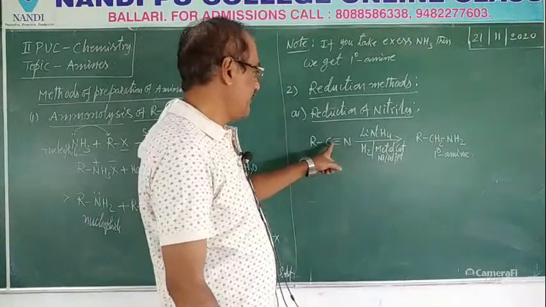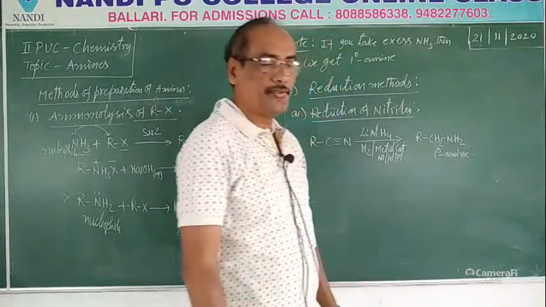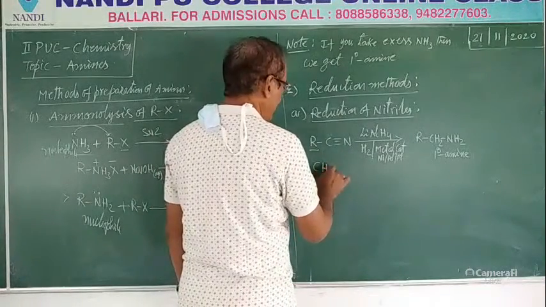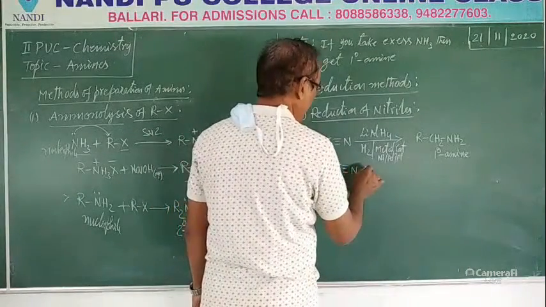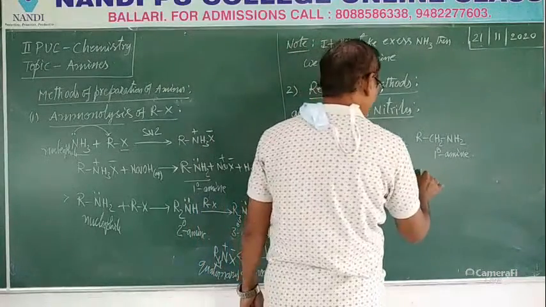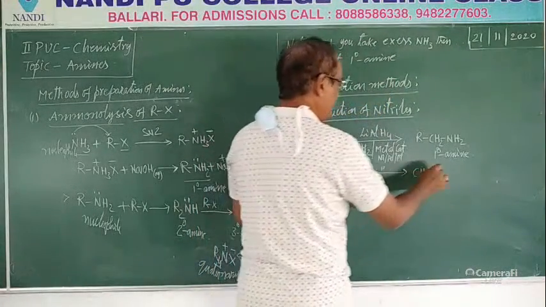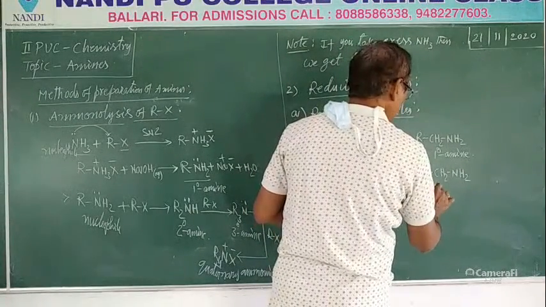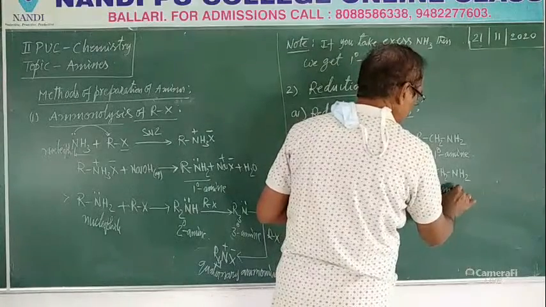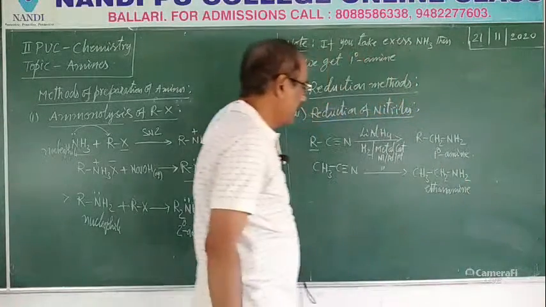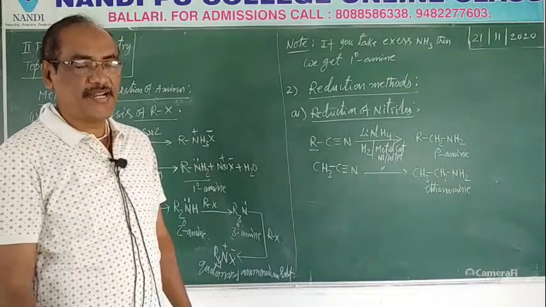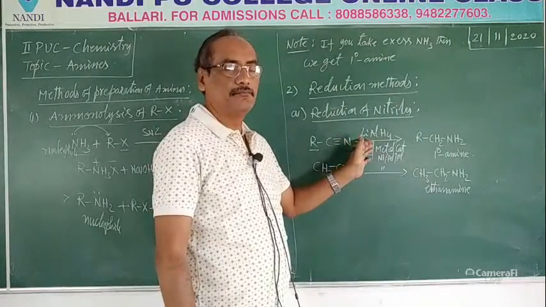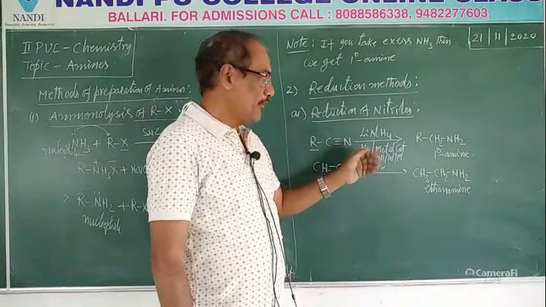C triple bond N is reduced to CH2NH2. So you can take a proper alkyl group. Suppose I take a methyl group as the alkyl group, then with the same reducing agent, CH3 doesn't change, and this becomes CH3CH2NH2. This is ethanamine, right children? That means this is a reaction in which we get one carbon extra.